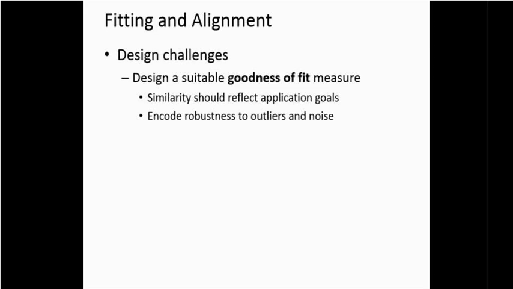So generically, the similarity should reflect the application goals. So if you're trying to, for example, predict some variable given some other variable, then you care how good the prediction is. If you're trying to geometrically fit a line to a set of points, then you might have a different criteria, as I'll show in a bit.